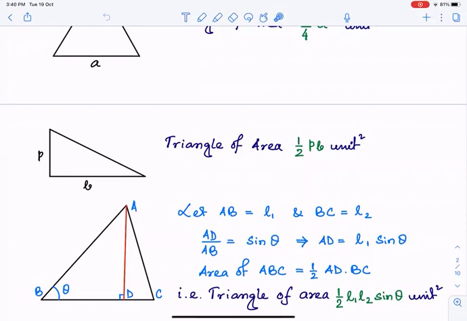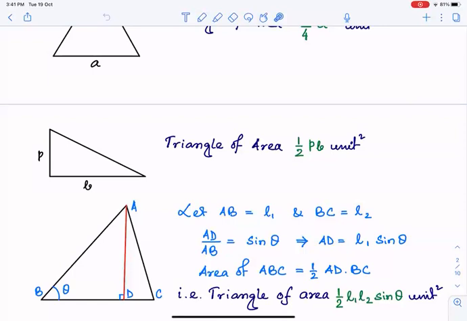Like for any triangle ABC, we can always draw a perpendicular from A to BC, and we have marked the foot of the perpendicular as D. So AD by AB from triangle ADB, this is sine theta, confirming AD as L1 sine theta, and hence area of triangle ABC can be written as half into base into height like earlier, as half into AD into BC.